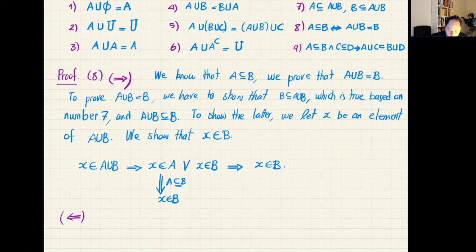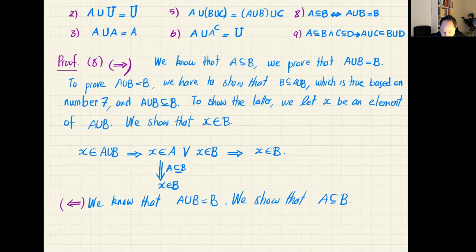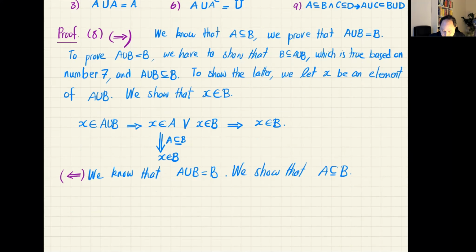So here we assume that A union B is B. We show that A is a subset of B. Okay, do you have any idea?